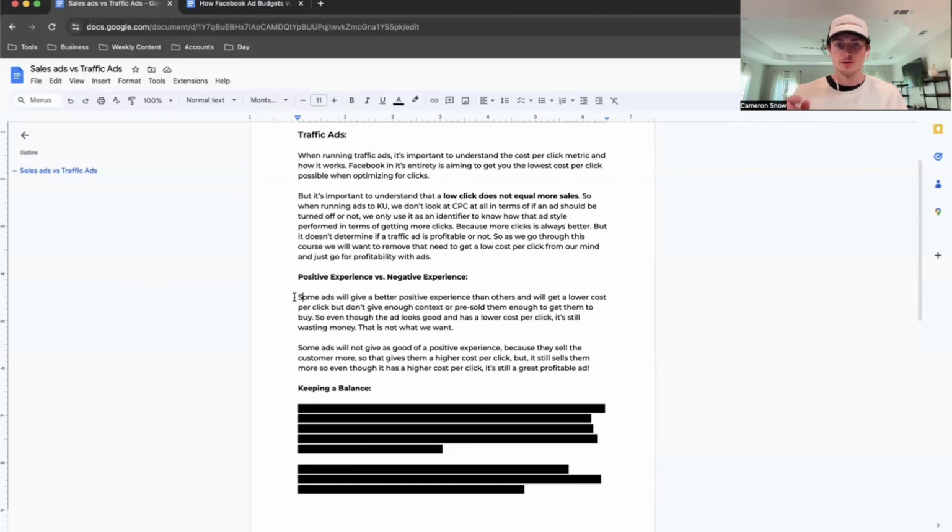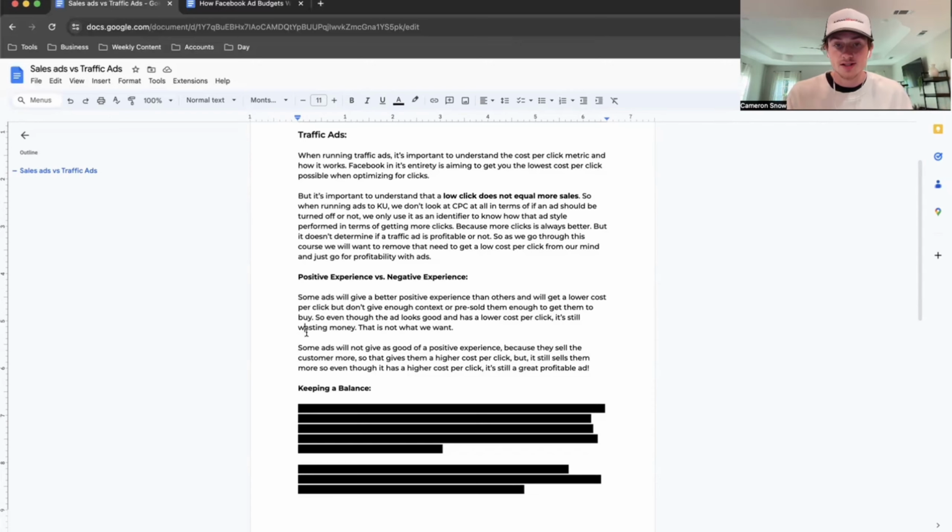It's just going to people that want to click on that type of image. So what you actually want to do is pre-sell that buyer by having different aspects that demonstrate that it's an actual book. So even though an ad looks good and has a lower cost per click, it could still be wasting money, and that's not what we want. It could be providing a positive user experience and getting a low cost per click, but it's still not profitable.